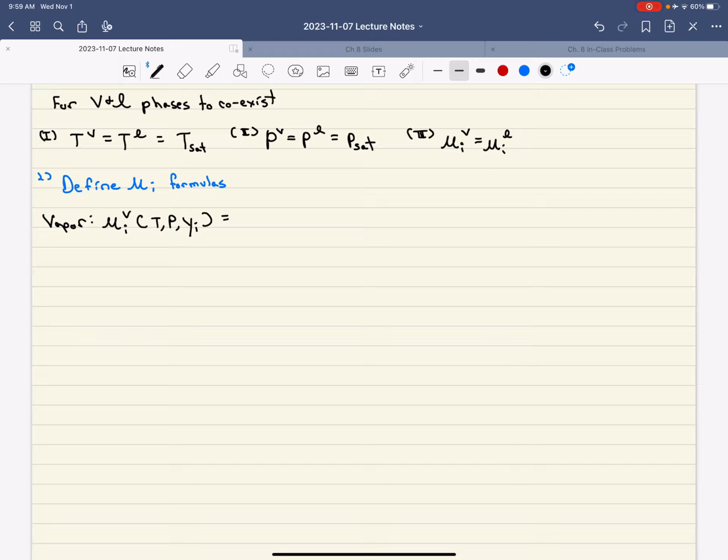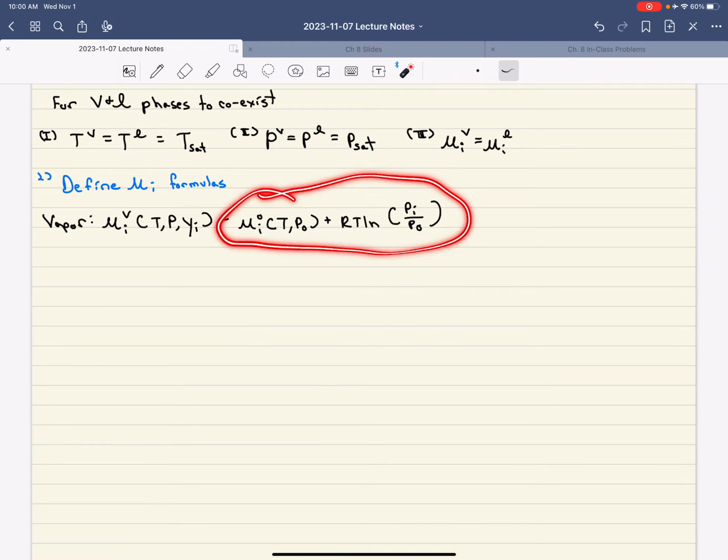That chemical potential is going to be equal to some standard state chemical potential, which is defined as a function of temperature and also defined in terms of some standard state pressure. And then we have an additional term that accounts for the entropy of mixing. So when dealing with ideal gases, as we saw before, our chemical potential looks like this.